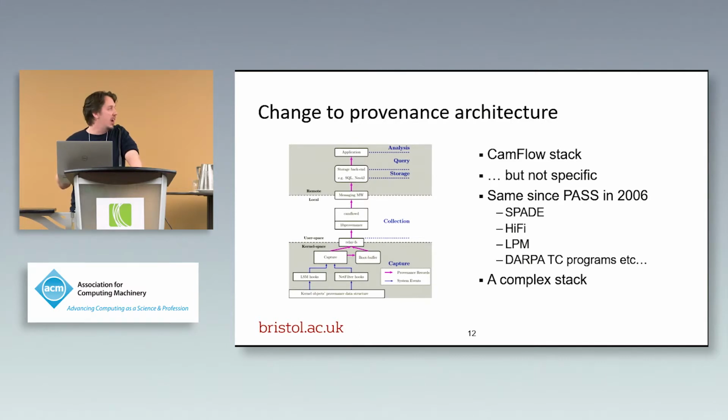And that stack is not specific. Most systems adopt the same model, so SPADE, IFI, LPM, or the systems developed as part of the DARPA Transparent Computing. The whole idea is you have a capture system that records events, so exchange of information between kernel objects.